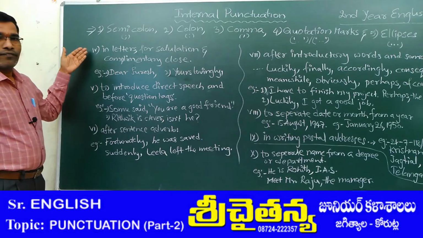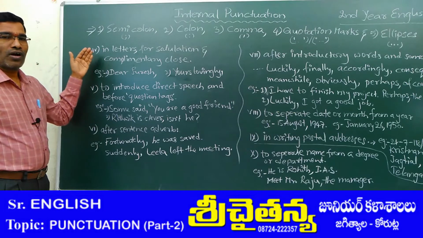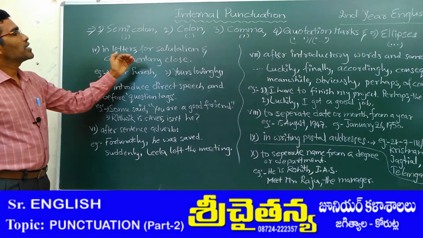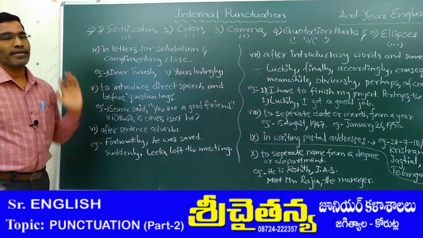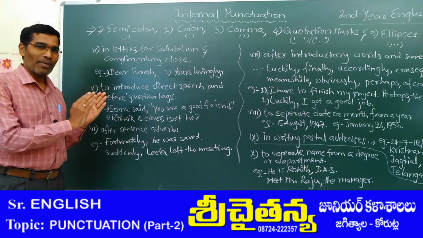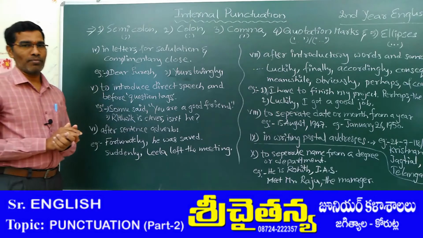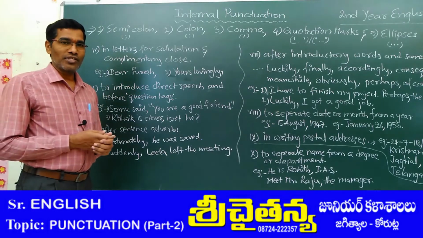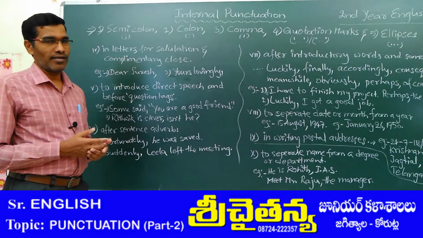Okay, the fourth usage of comma is that in letters for salutation and complementary clause. Letters are of two types. One is indent format, another is block format. You will learn in your composition skills under letter writing.